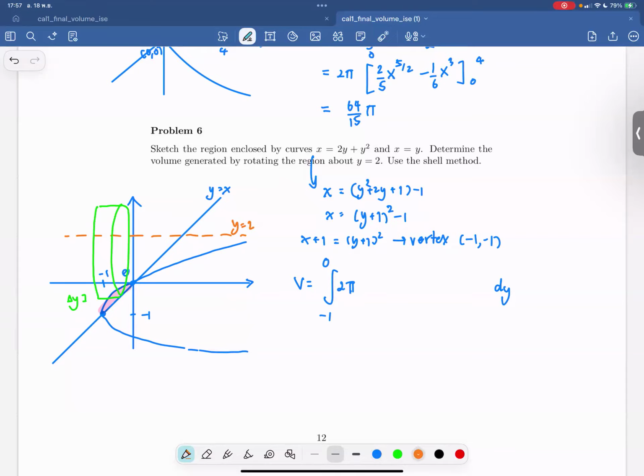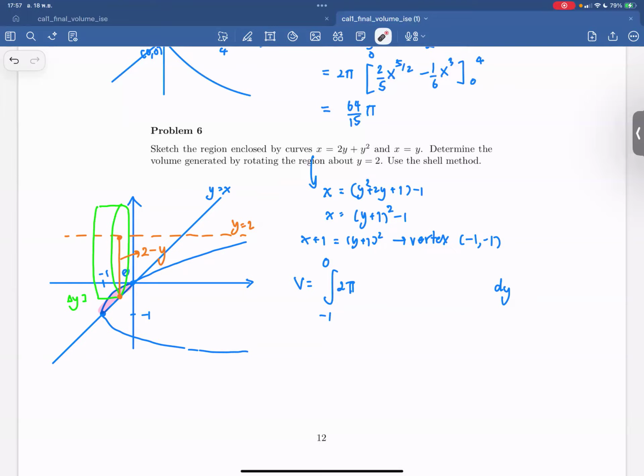The radius should be the orange segment, which is 2 minus y. Why is that? Because you need the distance between 2 and this curve, right?